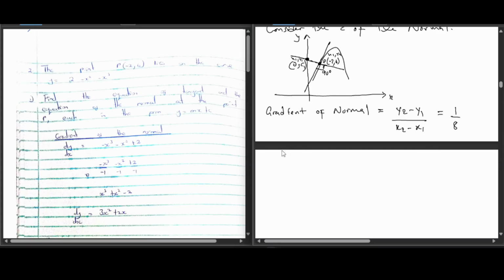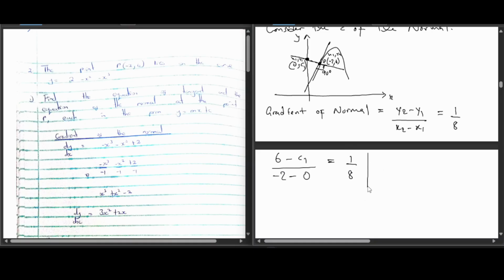So y2 is 6, subtract y1, which is c1, over x2, which is minus 2, so minus 2 subtract x1, x1 is 0, like that. So this should be equal to 1 over 8.